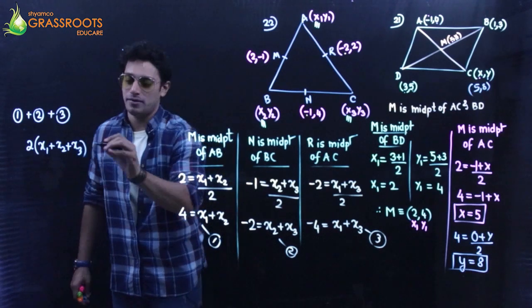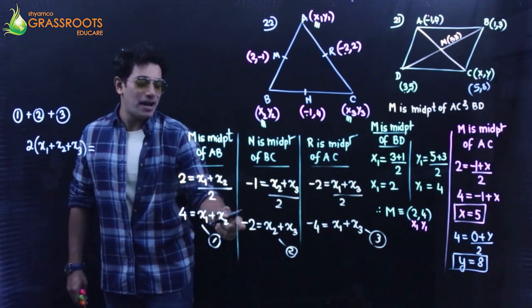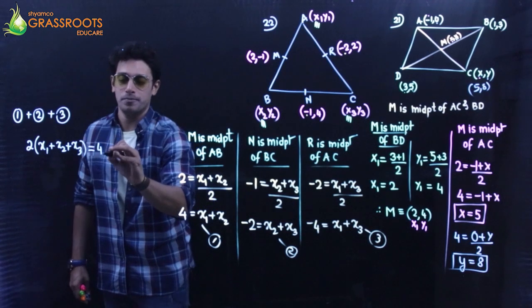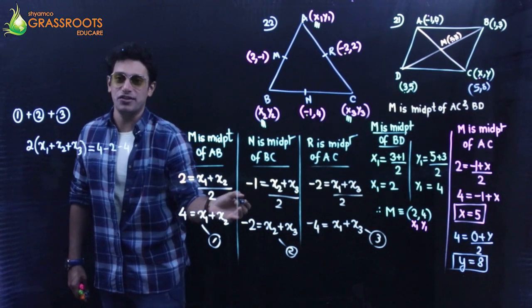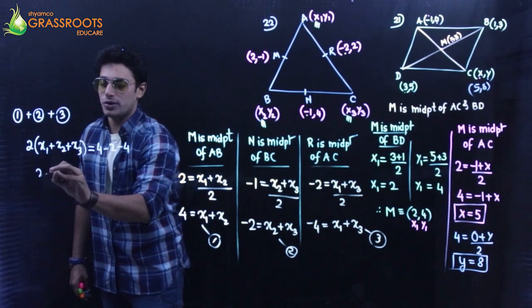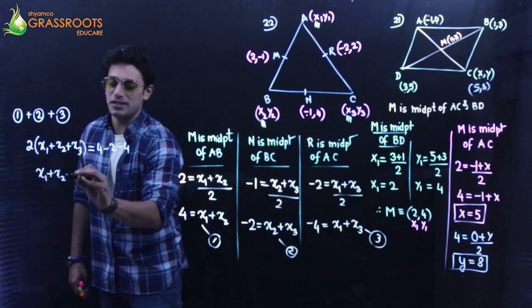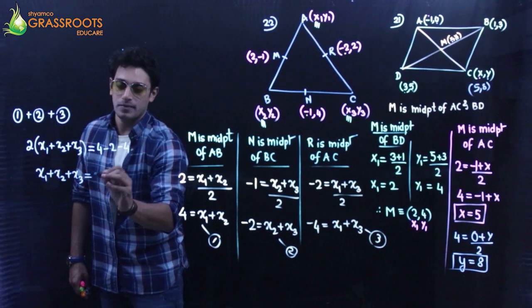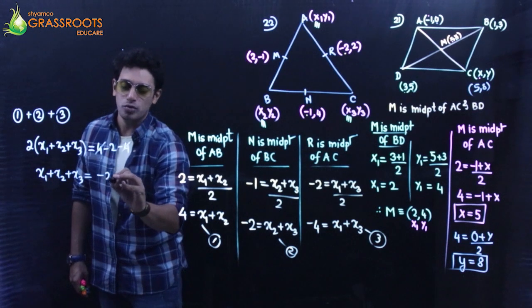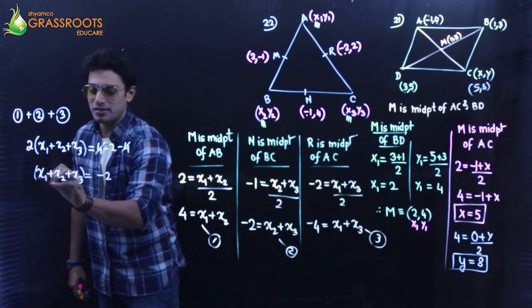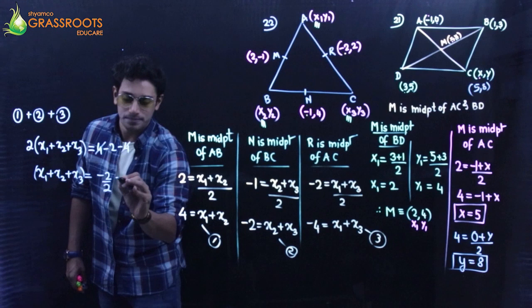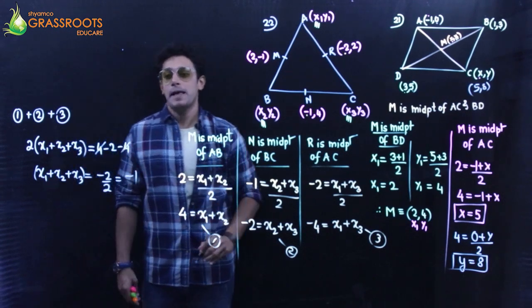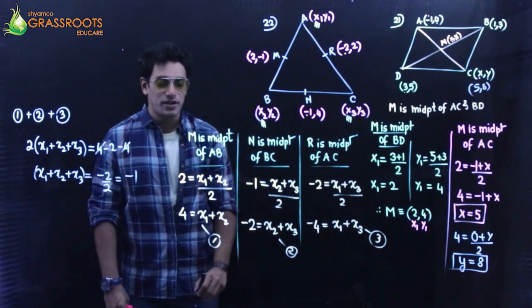Take a 2 common. 4 minus 2 minus 4. I've just added the 3 equations. So you get x1 plus x2 plus x3 equals minus 2, and this entire 2 comes down. Minus 1. So the sum of all 3 is minus 1.